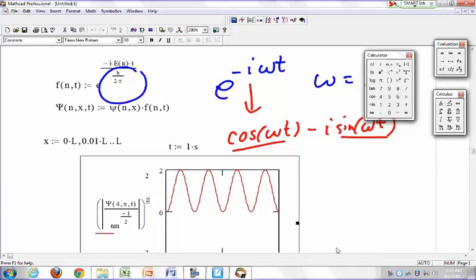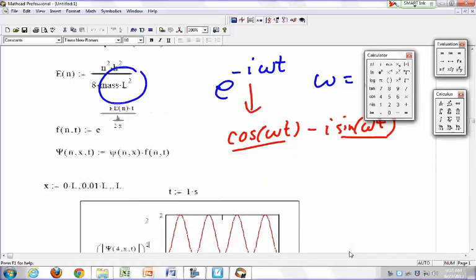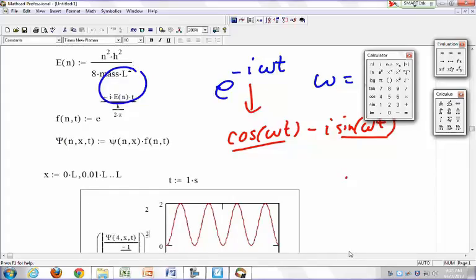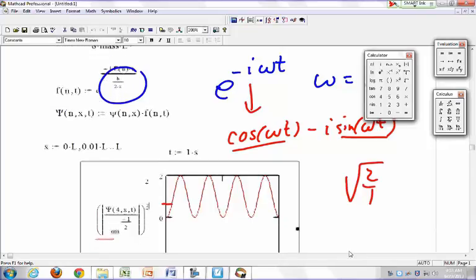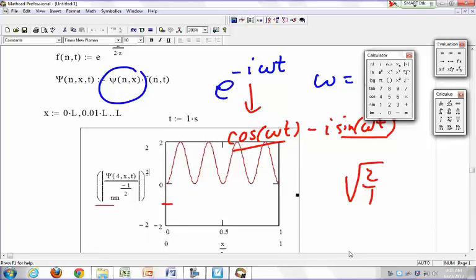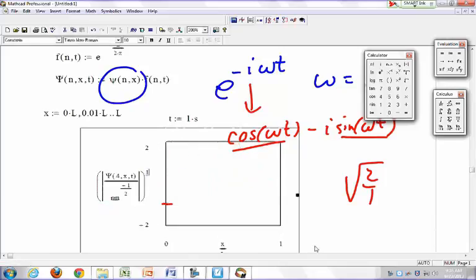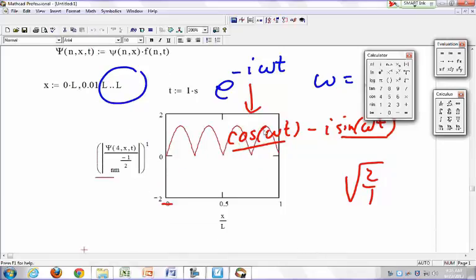And remember, what's the square root of 2 squared? Remember your peak was square root of 2 over L, right? So if you square that, you can see the maximum is at 2. What would happen if I just took the absolute value without squaring it? Then it's just that, square root of 2 over L. Okay? So it's 1.4.